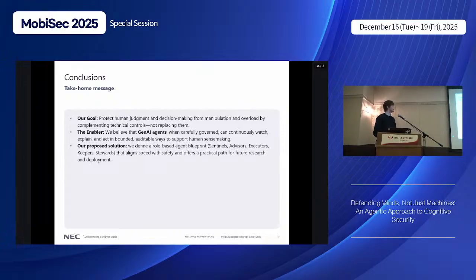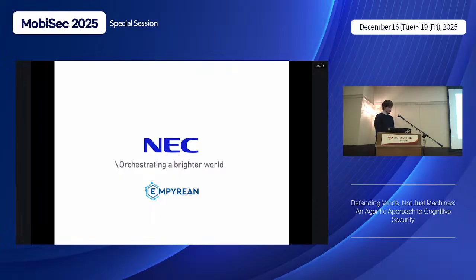So for this, we believe that Gen AI agents are a good opportunity to solve this issue, and we proposed a framework, a solution that is a role-based agent blueprint based on sentinels, advisors, executors, keepers, and stewards that align speed with safety and offer a practical path for future research and development. Thank you very much. If there are any questions.